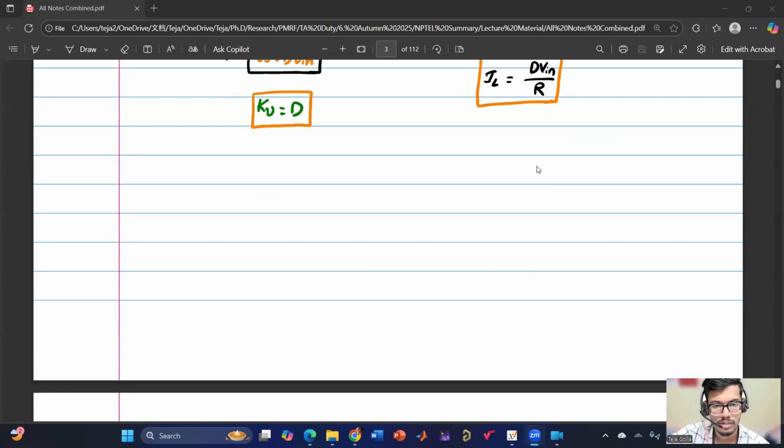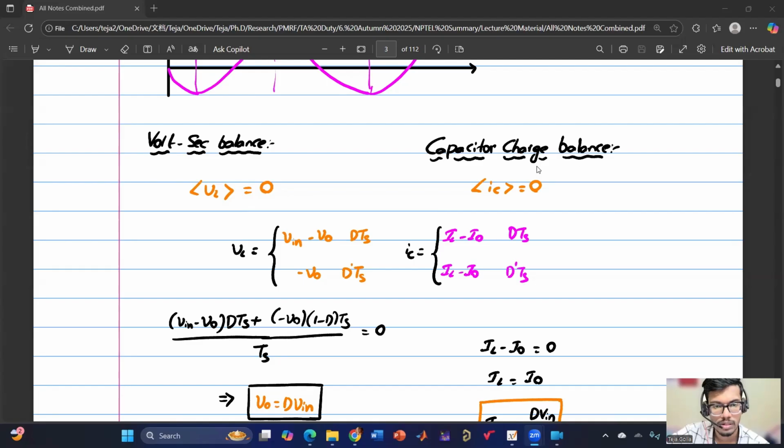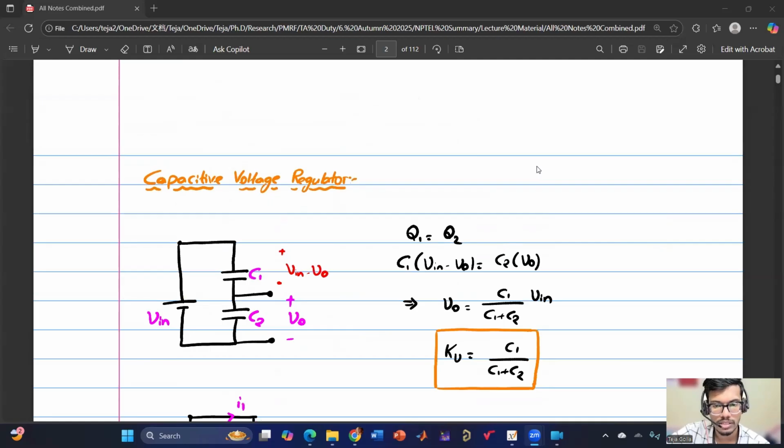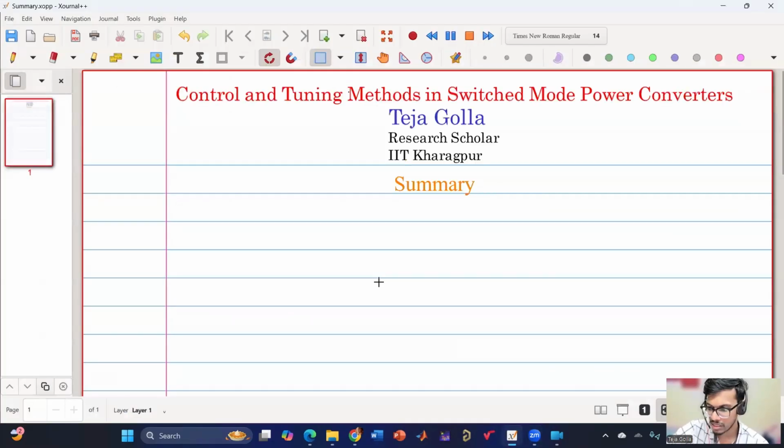Yes, sir. But my doubt was, I saw that the output voltage will be a multiple of two, like 2 VI or 4 VI. Okay. So actually what they do is they charge the capacitors in parallel.